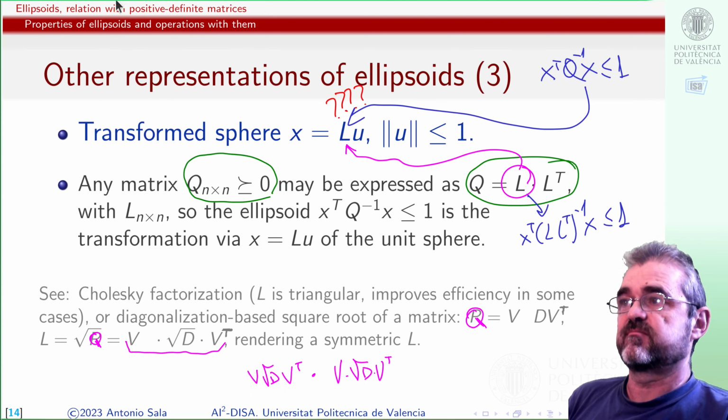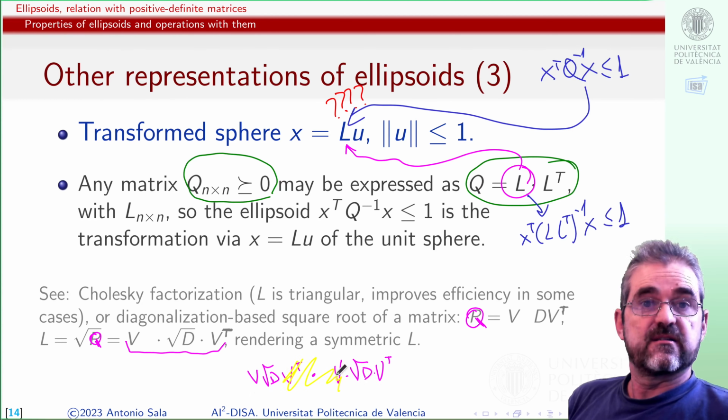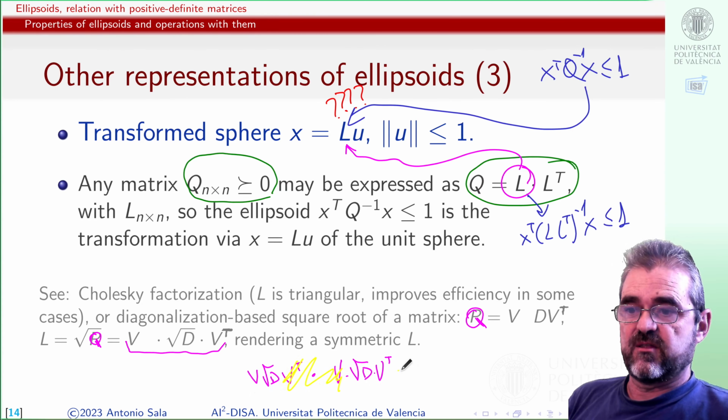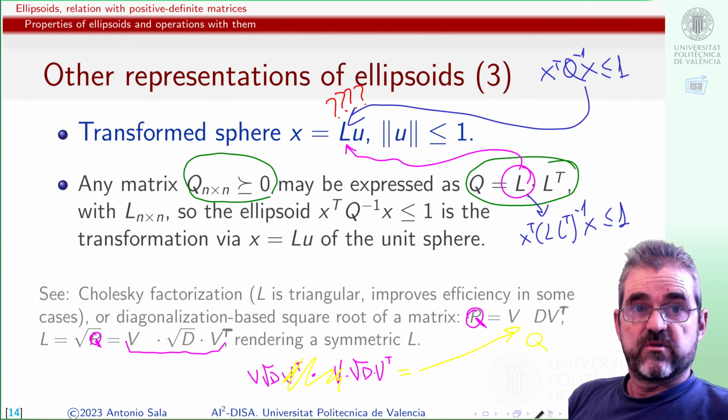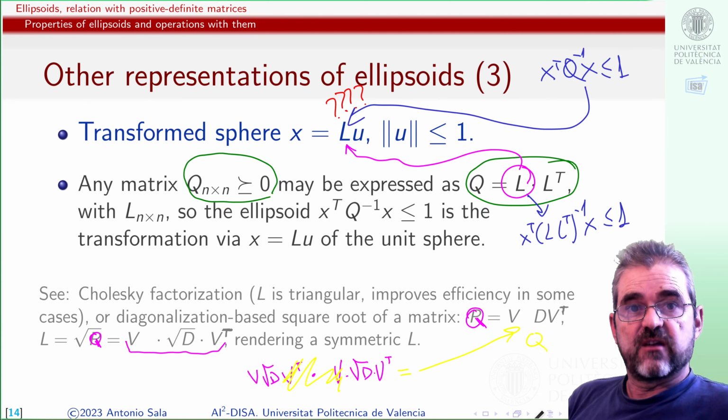So the thing is that V transposed V gives me the identity and this gives me Q.